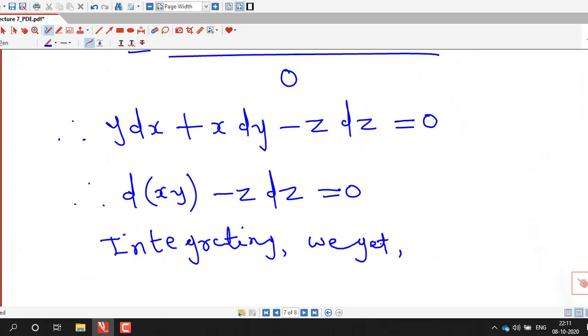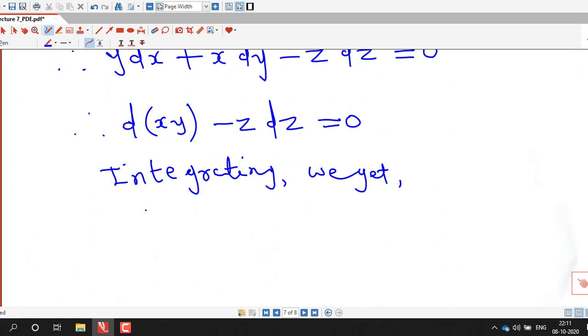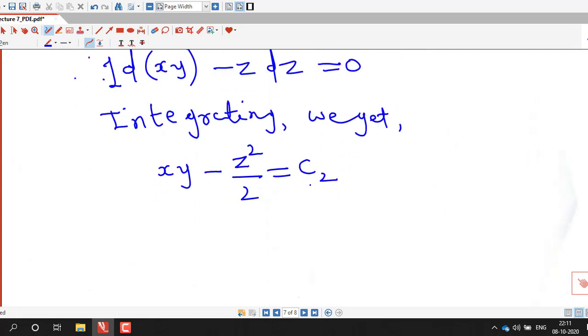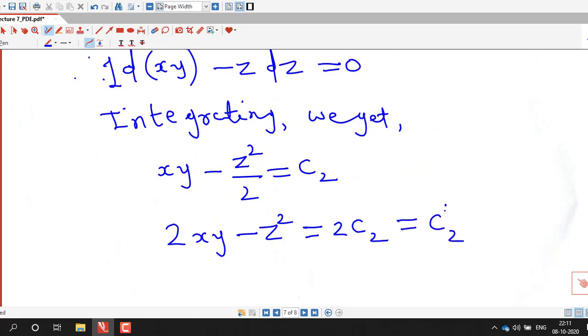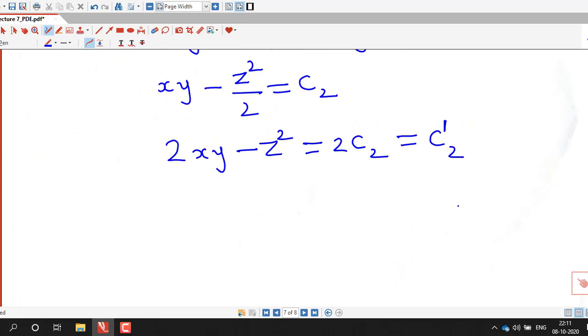Integrating, we get x into y minus z square by 2 equal to a constant of integration, say c2, or we can rewrite this as 2xy minus z square equal to 2 into c2, and suppose 2 into c2 is a new constant, say c2 dash.